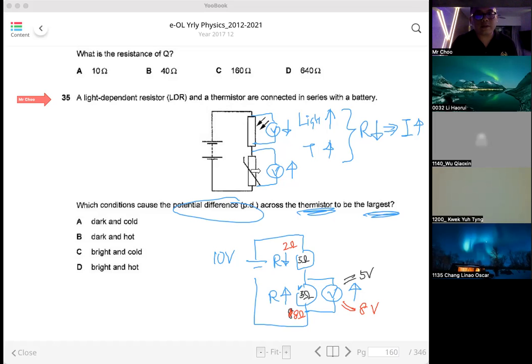Okay, all of you try again. All give me an answer again. For this potential difference of this thermistor to be the highest, my resistance for this should be the highest. Do you agree? And then my resistance for this should be the lowest. So when the resistance for this is lowest, is it bright or dark? When the resistance for this is highest, is it hot or cold?